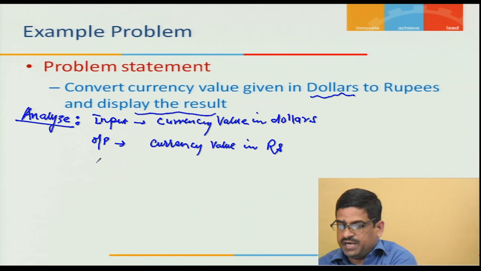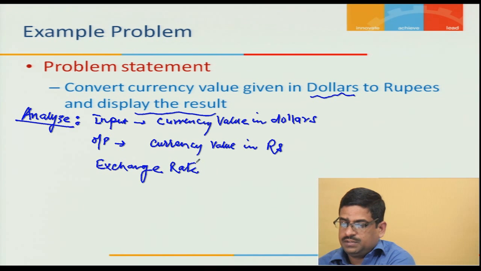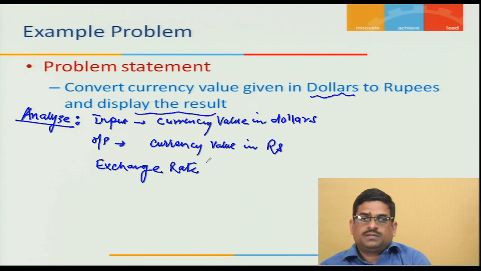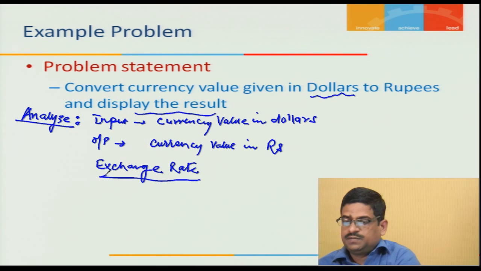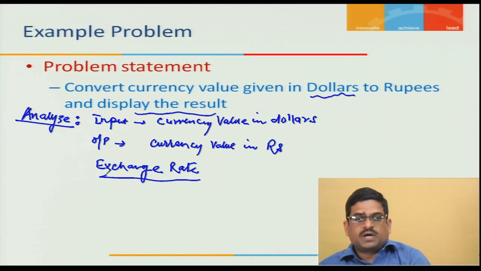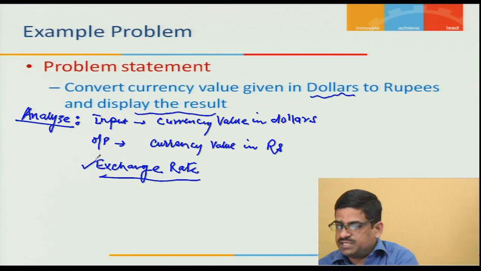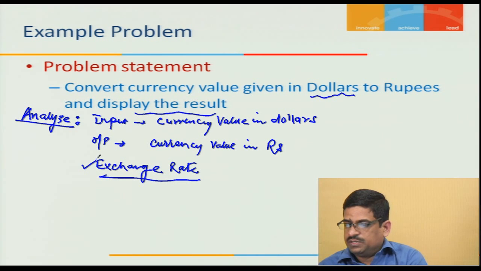I need the exchange rate from dollar to rupees. One dollar is how many rupees. So, that exchange rate is required. This problem is essentially converting from one currency value to another, and for that I definitely require the exchange rate. That is the only thing.